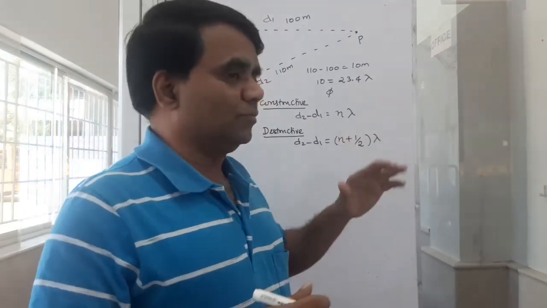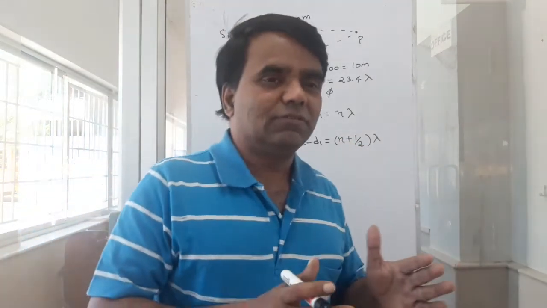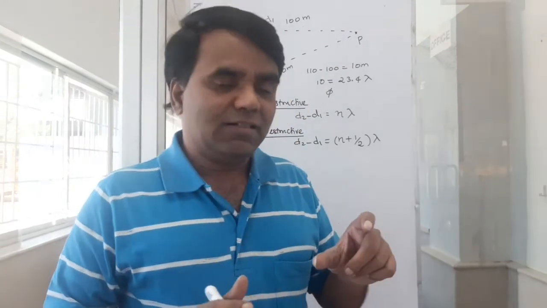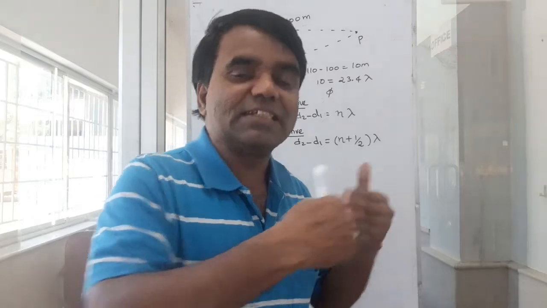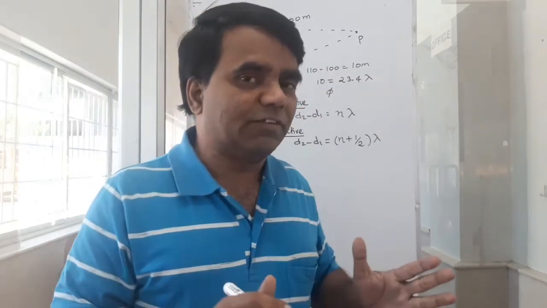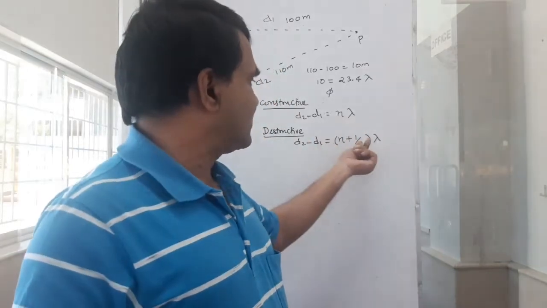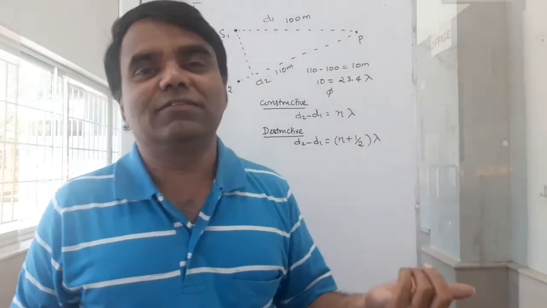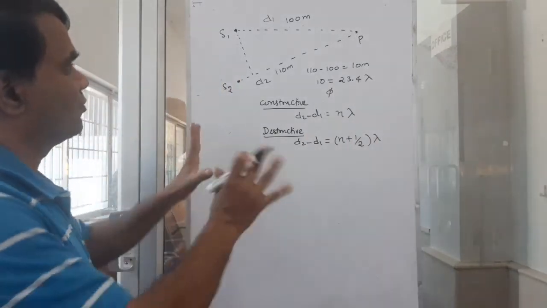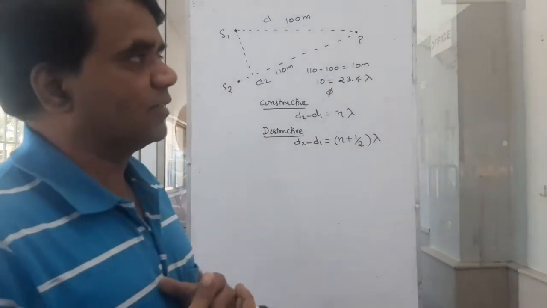Because n just gives you the time delay in these two waves interfering. That's all there is to it. But once they start interfering, this fraction is going to matter. So this is what we did in the previous video. We just wanted to recapitulate that.